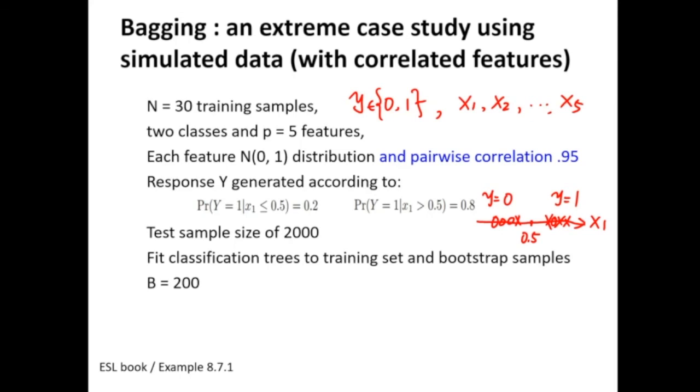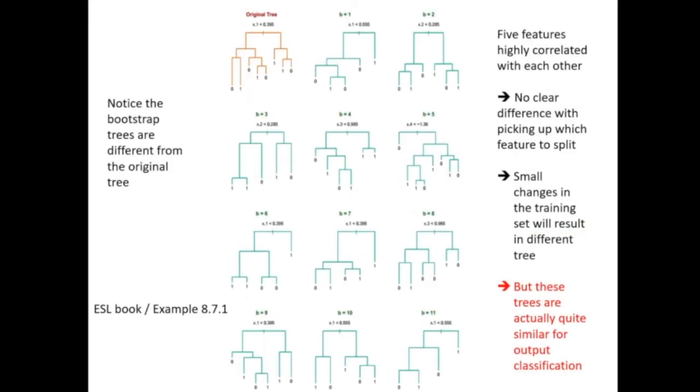Okay, so now you learn 500 trees. What you're going to learn are many different kinds of trees. They look very different from each other because you randomly sample your training data, right?